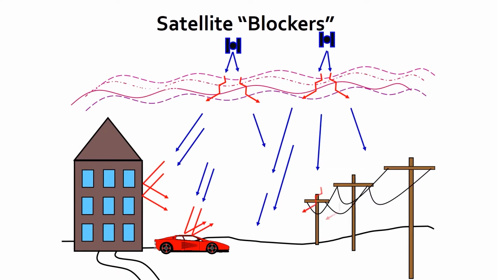But there are a lot of different satellite blockers. For example, if you're driving around in your car, you're not going to be very accurate. If you are in between tall buildings, near power lines, and especially in the desert, if you're in a slot canyon, those satellite signals are bouncing back and forth off those stone walls to get to your GPS and back out.